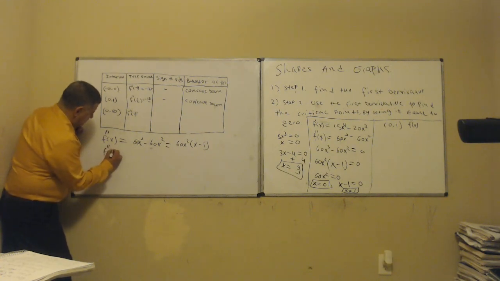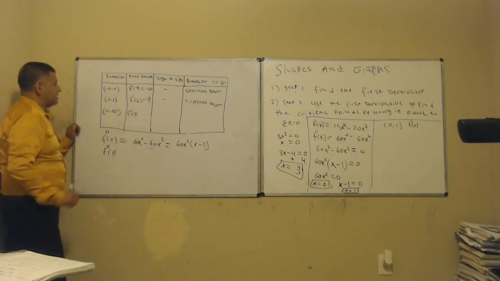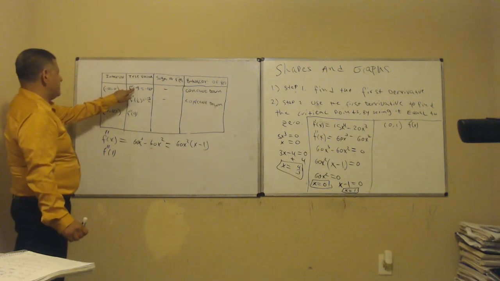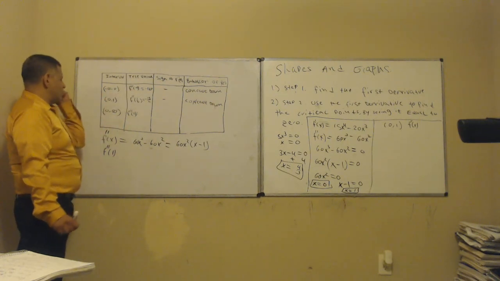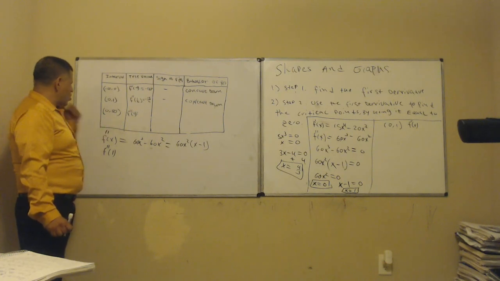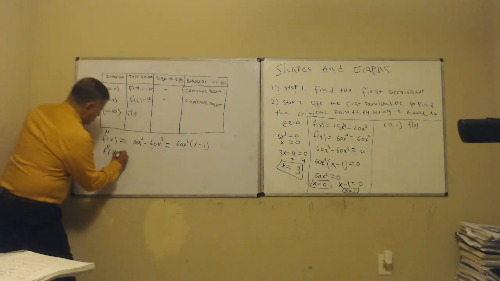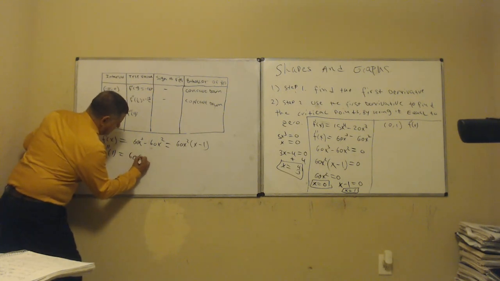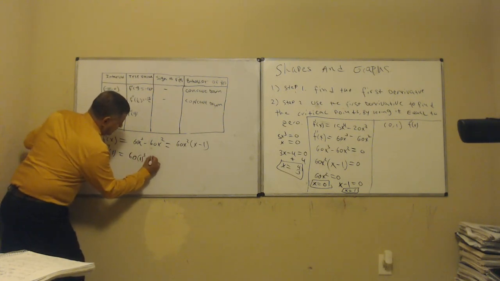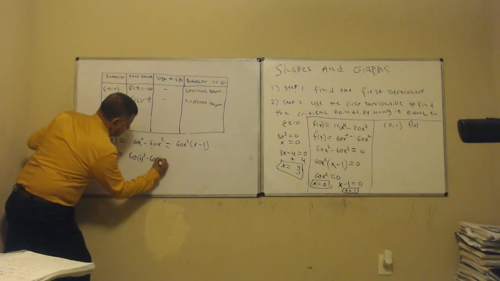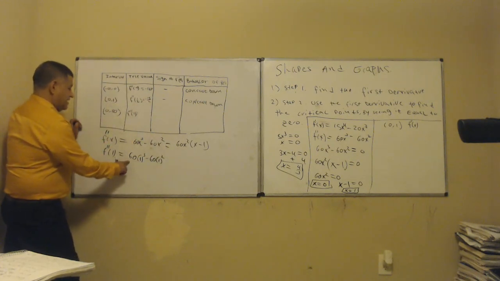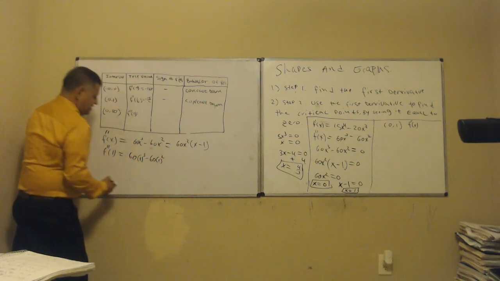We tested at 1, negative, and now we tested at 1 from 0 going to infinity, positive. So now it's 60 times 1 cubed minus 60 times 1 squared, I'm sorry.